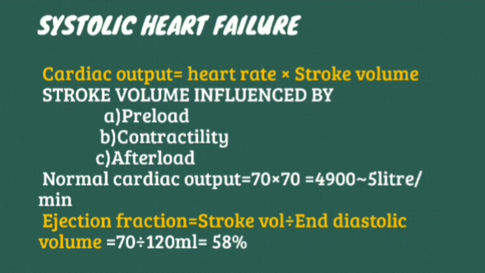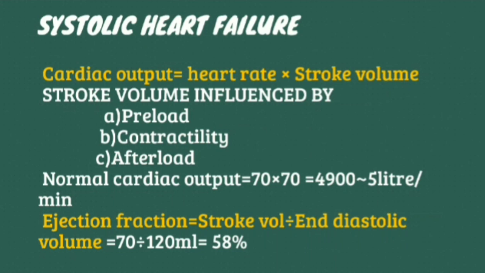Ejection fraction is equal to stroke volume divided by end diastolic volume, which is 70 milliliters divided by 120 milliliters, about 58%. Normal ejection fraction is between 50 to 70%, whereas 40 to 50% is considered borderline. If the ejection fraction is less than 40%, we consider it systolic heart failure. That is, very little blood is squeezing out of the heart. That's about systolic heart failure.